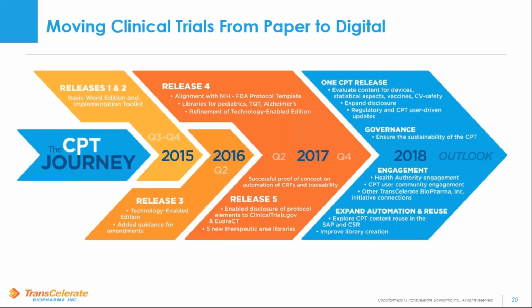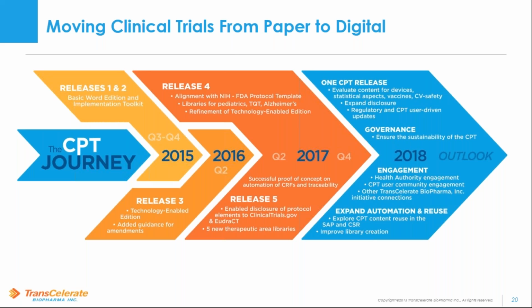Our 2018 release will feature a number of important additional capabilities, as well as new common statistical analysis plan and clinical study report templates to pave the way for automation and reuse of protocol content. In 2019 and beyond, we will continue to expand automation and reuse. So that concludes our review of CPT rationale, development, and benefits.